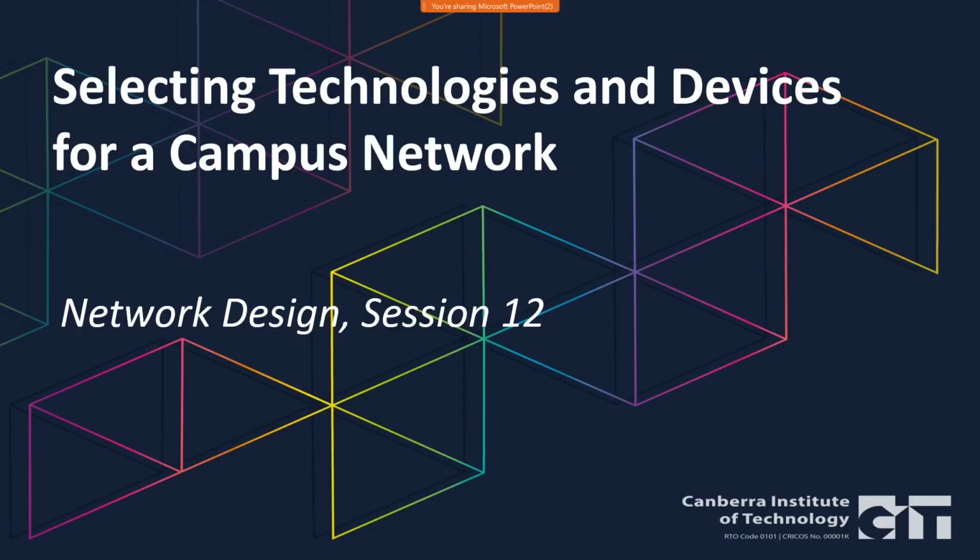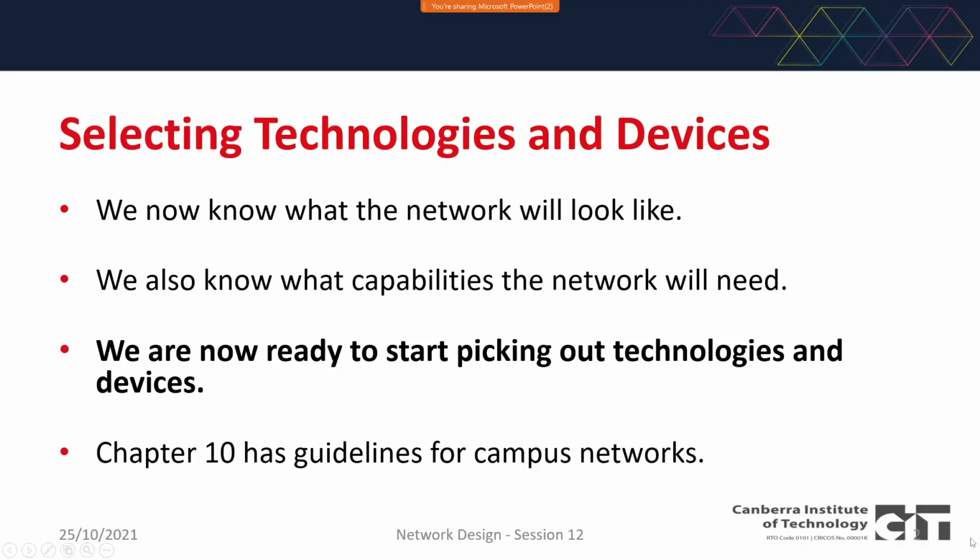So in today's lecture, we're going to be covering selecting technologies and devices for a campus network. Now, things that we need to consider when selecting technologies and devices, we need to know what the network will look like.